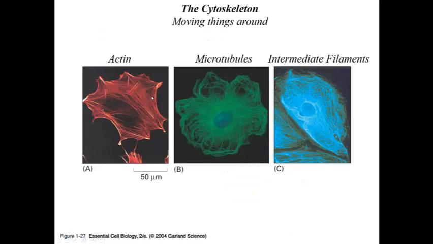The cytoskeletal components of actin, microtubules, or intermediate filaments, actin being the very smallest, microtubules being the very largest, are all involved in keeping the shape of the cell. They also can be readily disassembled or reassembled. They help to keep the organization not only of the organelles within the cell, but also help the cell to move in the case of motile cells.